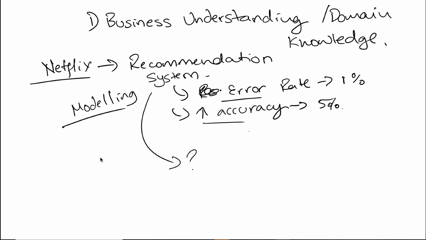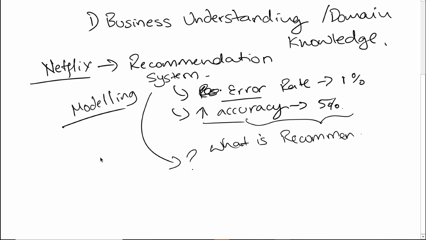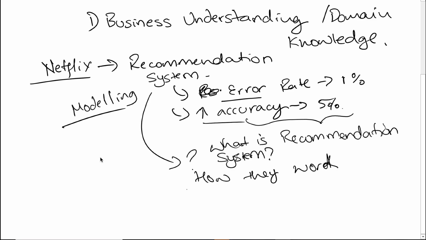So before you can get your hands dirty in this area, it is very important for you to understand what is a recommendation system, how they work, and the maths behind the recommendation system.